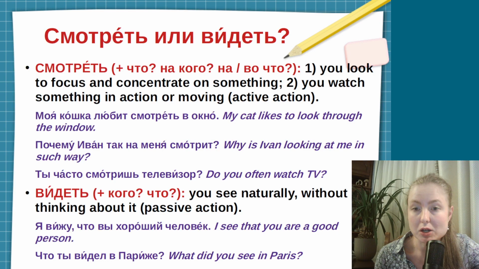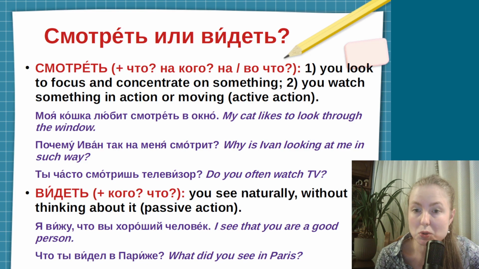I wrote you in brackets all possible questions and prepositions that can be used with these verbs. After смотреть, we can use the noun without any preposition or with the prepositions на or в, like look at something or look in something, almost the same as in English.